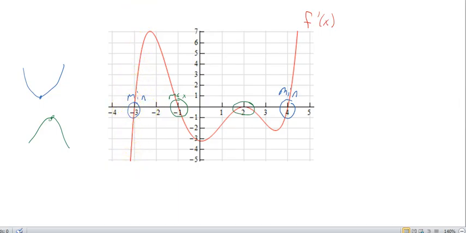So this whole line right here, you're also going to increase on this graph here and here. And so what those places tell us is that the original graph is going to be concave up. So concave up. Anywhere that you see this yellow is increasing.